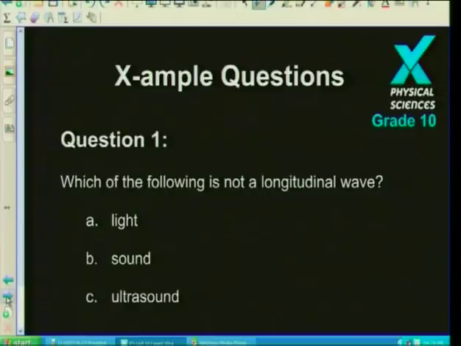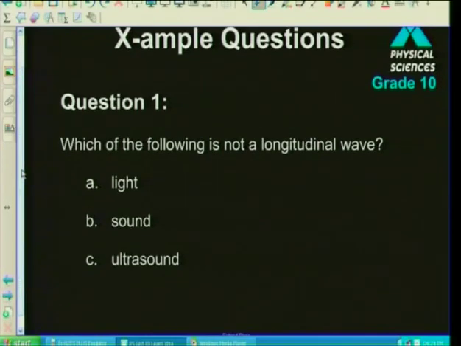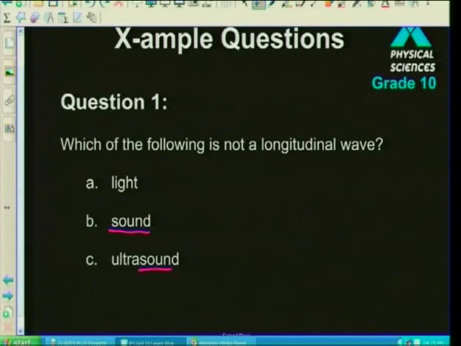The first one is a multiple choice question, just to see whether we understand the difference. It says, which of the following is not a longitudinal wave? Light, sound, or ultrasound? Let's realize that two of these answers have the word sound in them, which means they must be related.